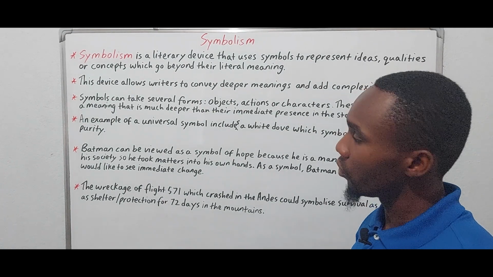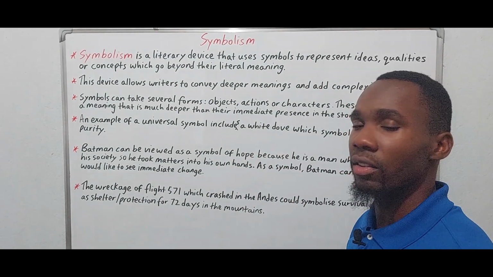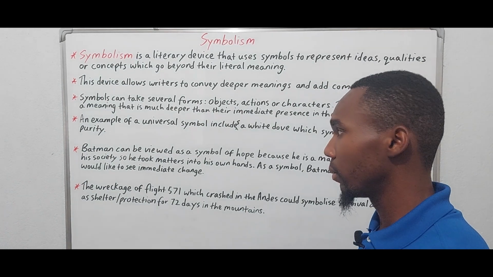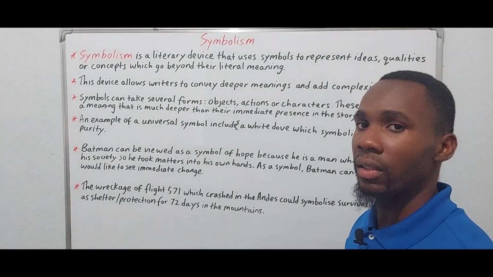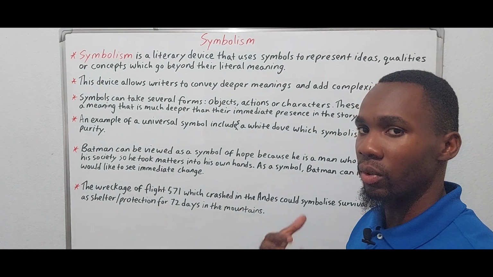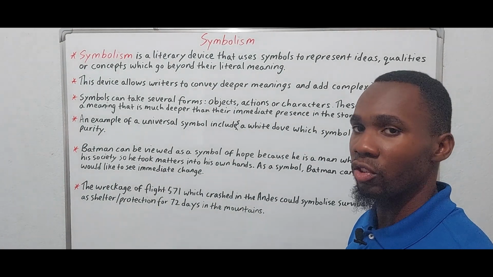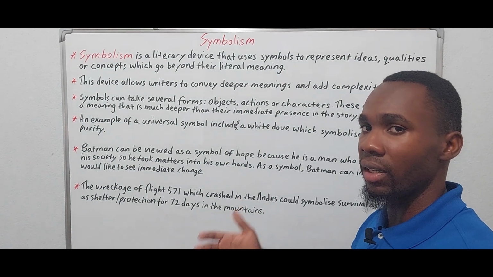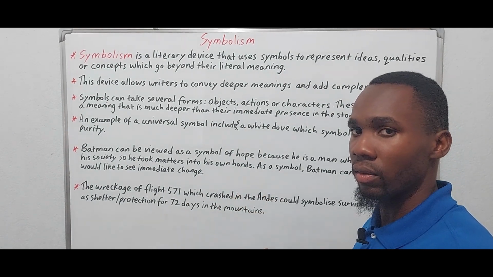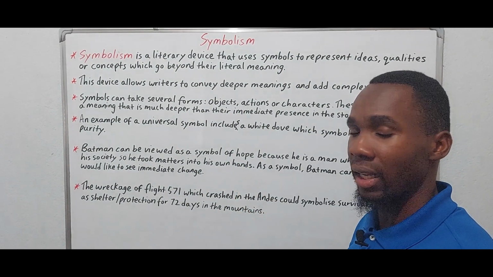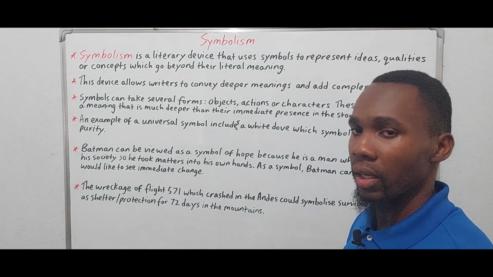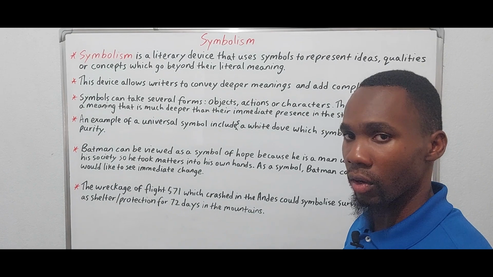All right. So that is in essence what symbolism does. We take an entity and we attribute a greater meaning to it. So that entity can be used to represent something else, and that something else is usually an abstraction, an idea, a quality, or a concept.